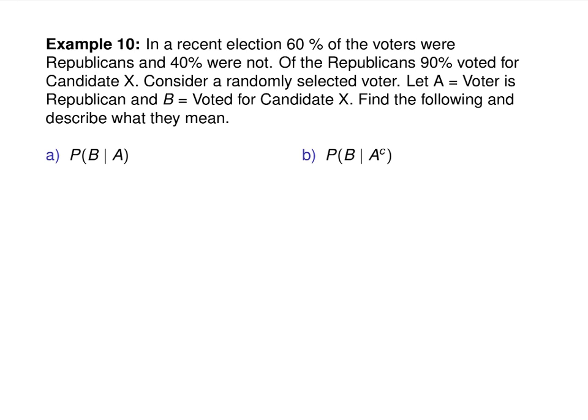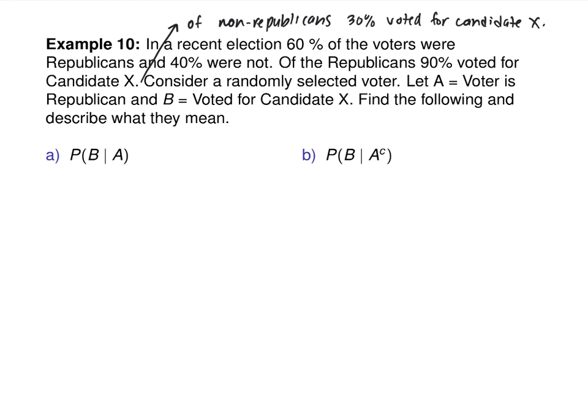And of the Republicans, 90% voted for candidate X. And I forgot to add something in, so add this in, please: of the non-Republicans, 30% voted for candidate X. And I think you're going to need that to solve some of these problems. It could be a bunch of independents doing that, right?